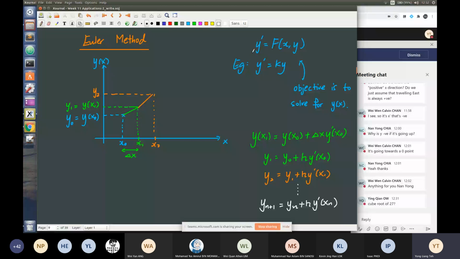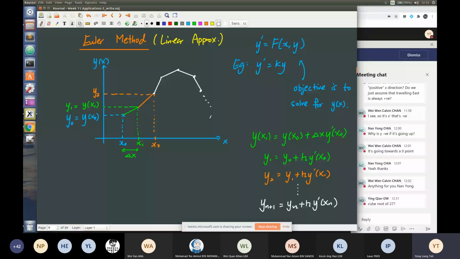It solves a first order differential equation using linear approximation, or successive linear approximations. So basically you do this: from here, project again. Then from here, project again, and so on and so forth.